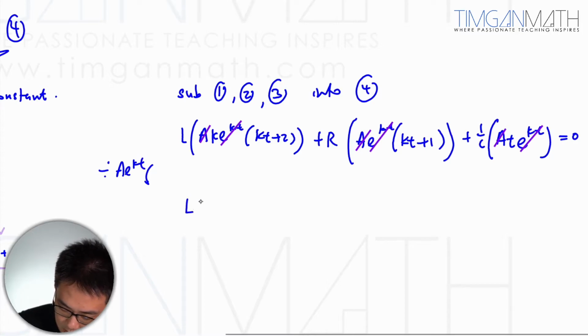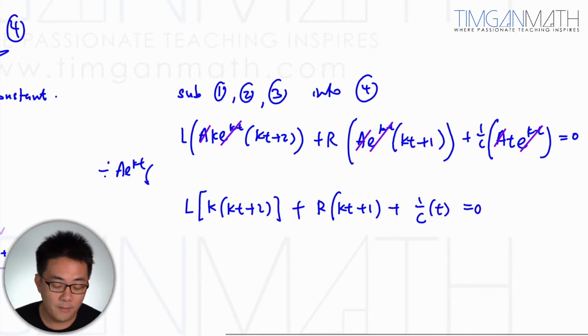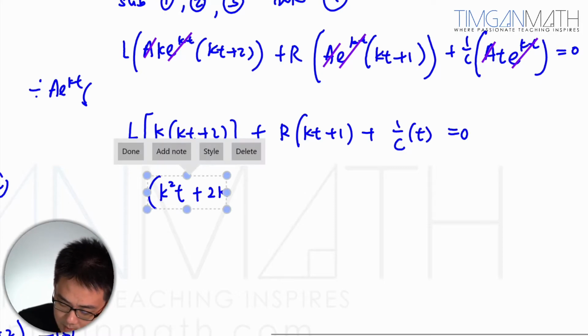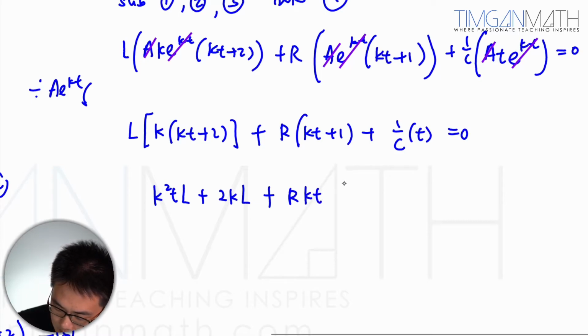Just cancel this up, simplify this to k, and this will just be R(kt + 1) plus 1 over C times t. If you're not too sure what to do, we multiply this in, plus 2k times L. Just expand this: 2k²tL plus 2kL plus Rkt plus R plus t over C.